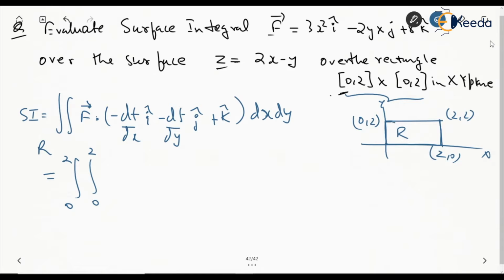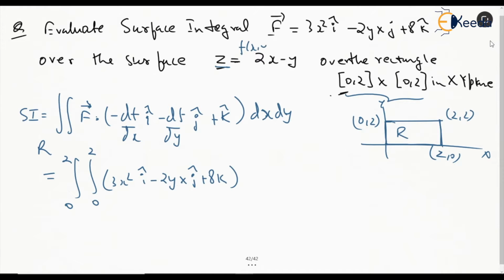So F is 3x² i cap minus 2yx j cap and 8 k cap. Now this is our z, which is nothing but a function of x and y.